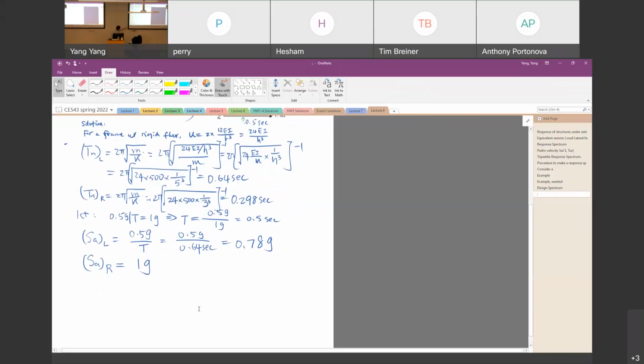So will these two numbers help us to determine the displacement? If we know the acceleration, how can we get the displacement? What's the relationship between acceleration and displacement?